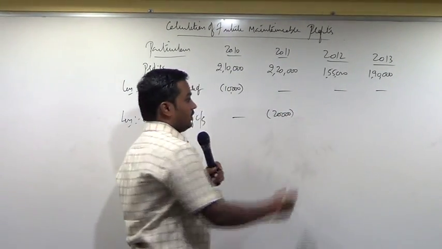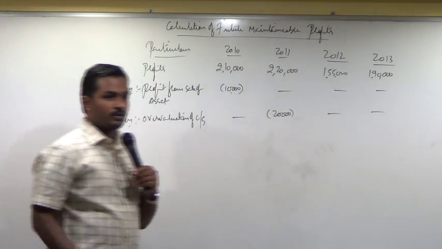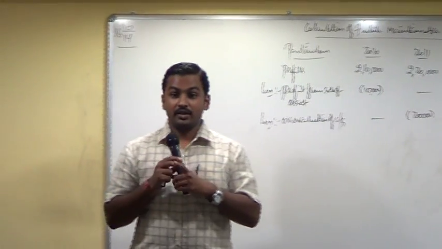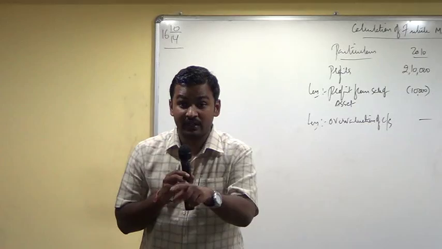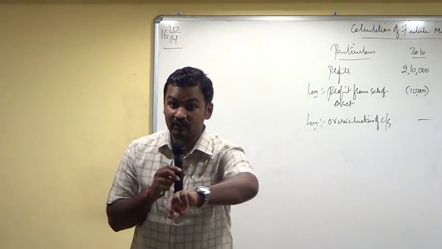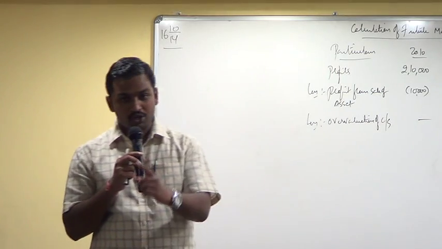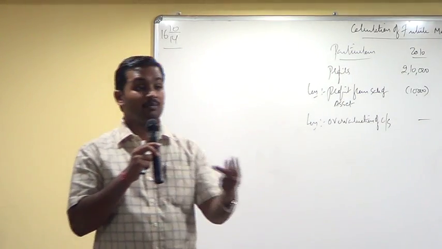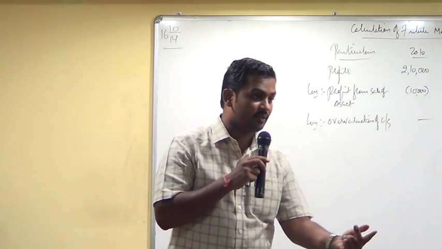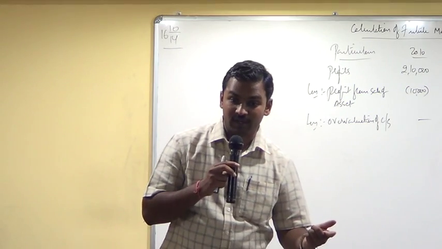Now, but please listen very carefully. This mistake will have an effect not only in 2011, it will also have an impact on 2012 profits. How? Closing stock of 2011 will become opening stock of 2012.